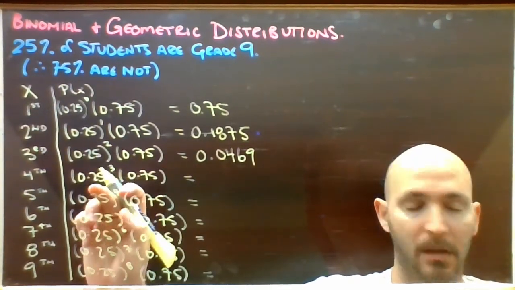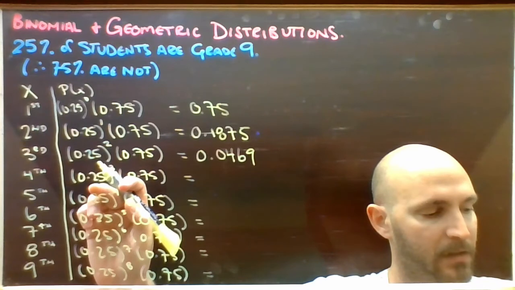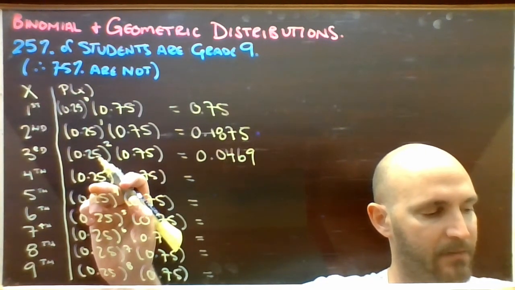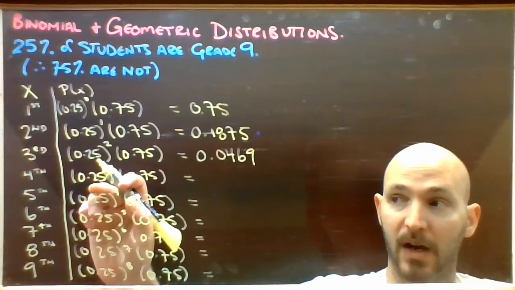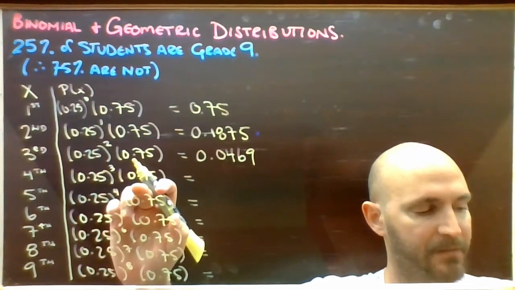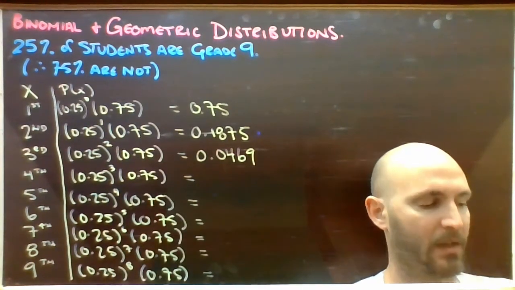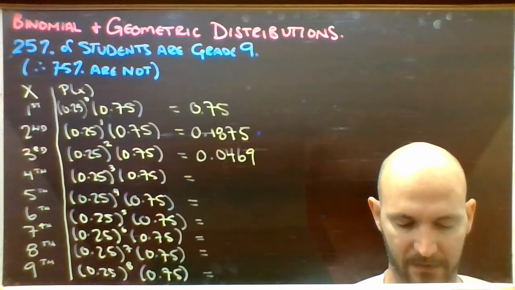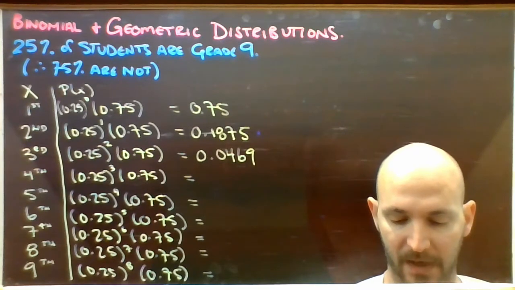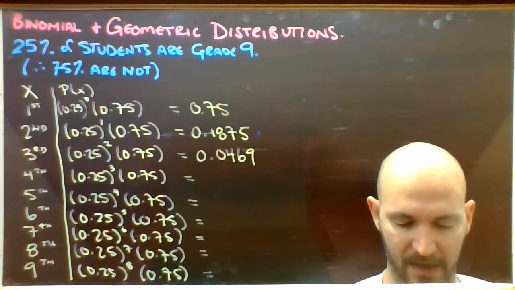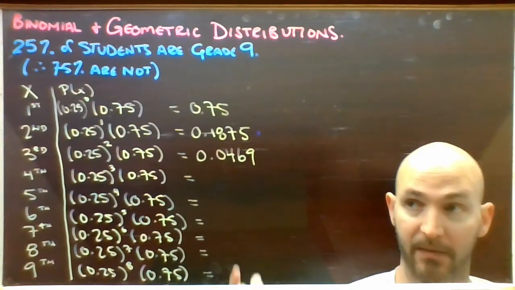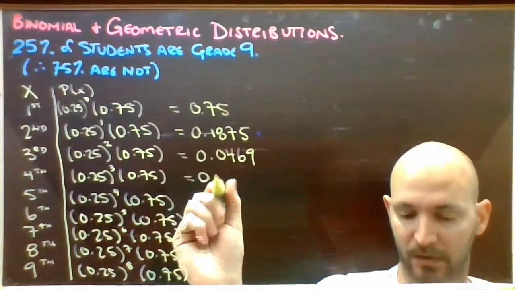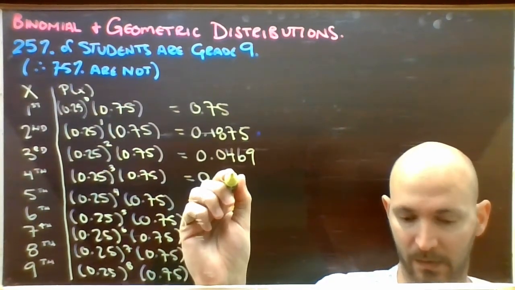This row here, 0.25 cubed, 0.25 times 0.25 times 0.25 is 0.15625, multiplied by 0.75 is 0.1171875. I'm having some calculator rage right now. If I round it to 4 decimal places, I'm at 0.0117.